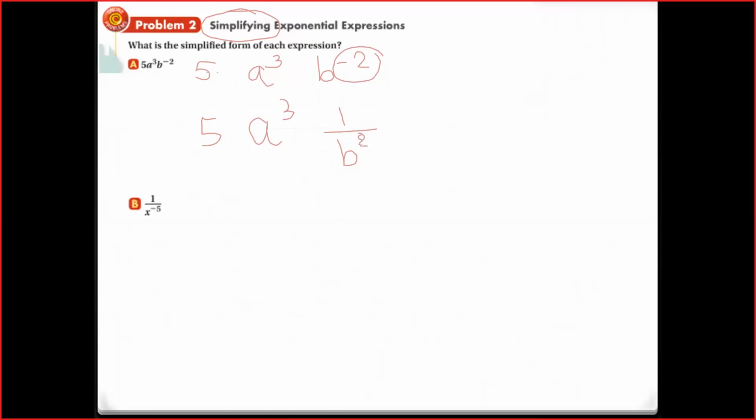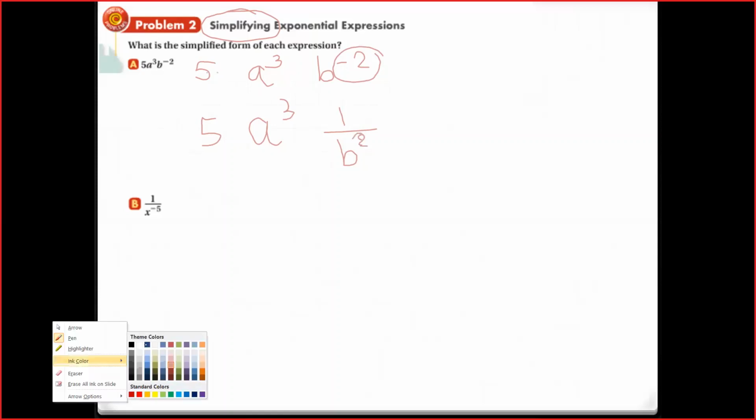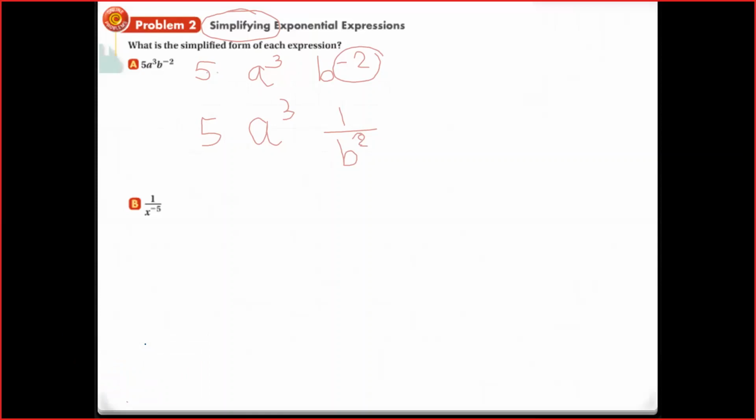Thank you. Now, if we have a numerator over a denominator, this one, which is up, we call it the numerator.